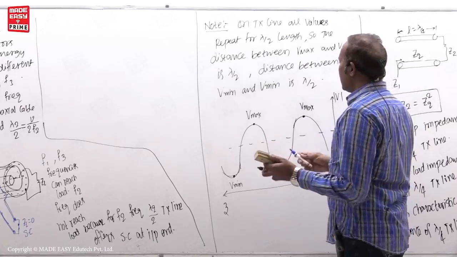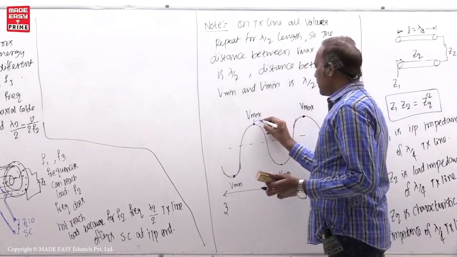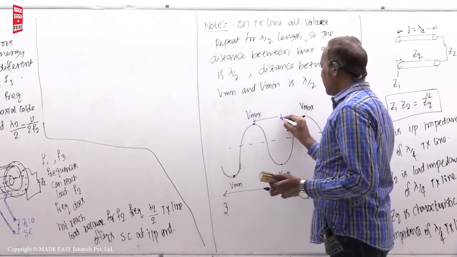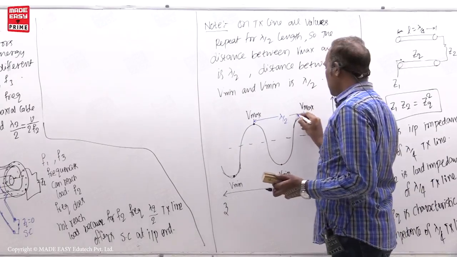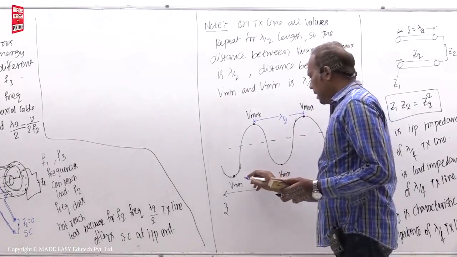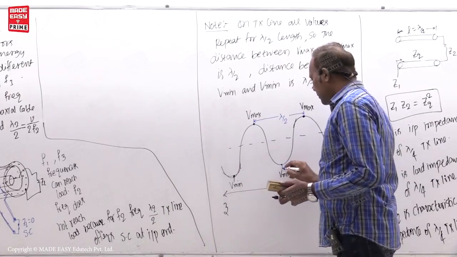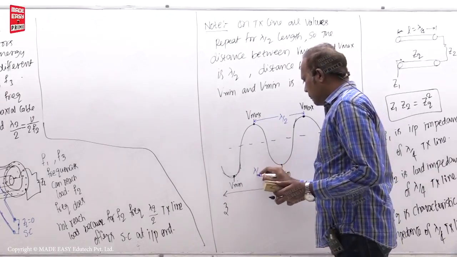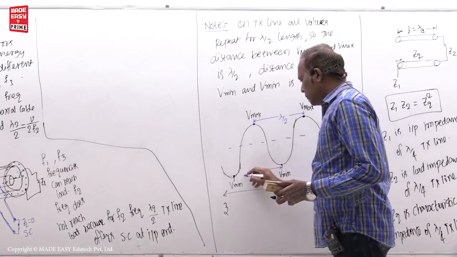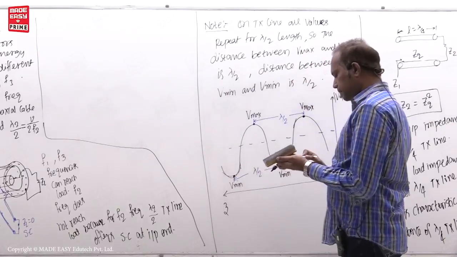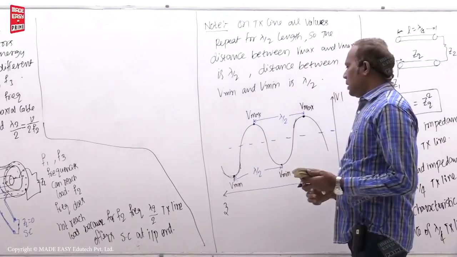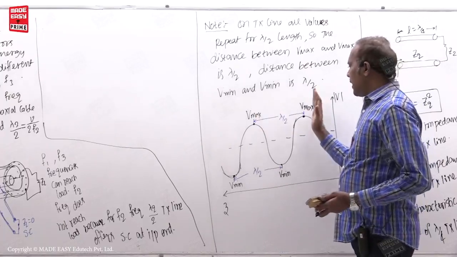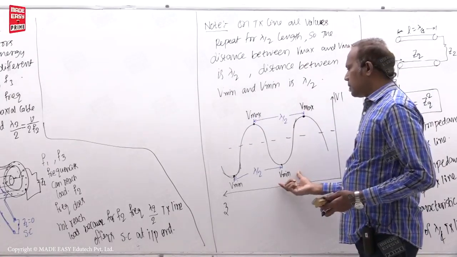Now, what is the discussion here? The distance from here to here is lambda by 2. This one, lambda by 2. Similarly, here also the distance from here to here is lambda by 2. Between V maximum and V maximum, V minimum comes.